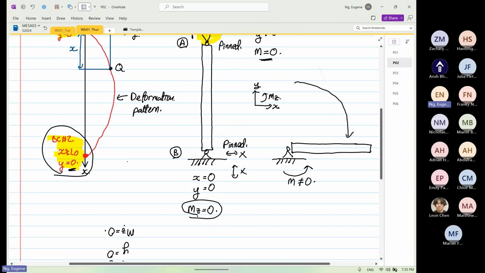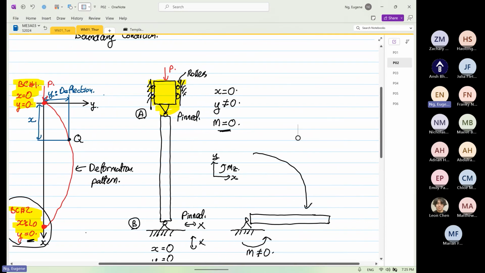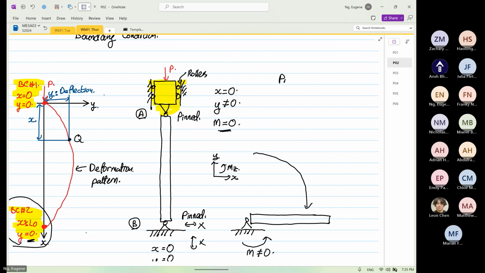Okay. Now, what am I trying to drive at over here? So for pin condition, we can have condition number 1: X is equal to 0, Y is equal to 0, M is equal to 0.